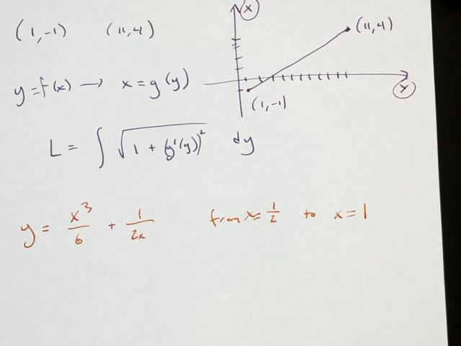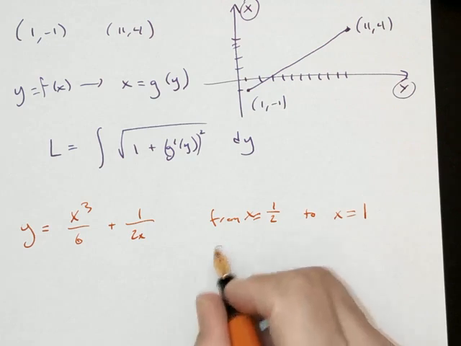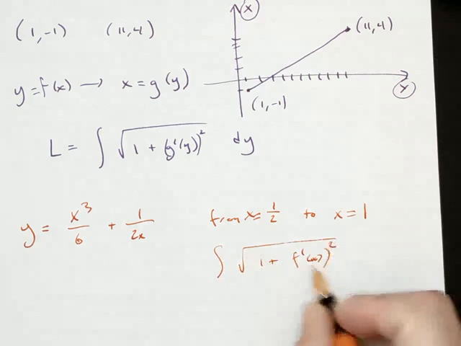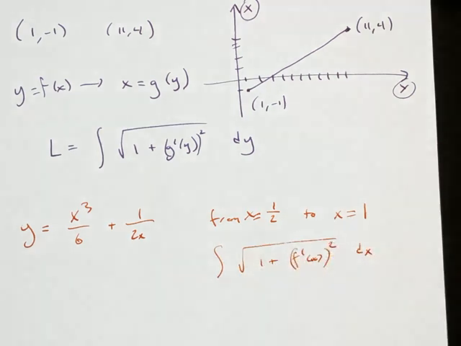It's given to me as an equation, y equals stuff in x. I'm pretty sure I'm going to want to do this one the way we just looked at with f prime of x dx, because everything is written in terms of x. My limits are in terms of x. I think this problem is going to be easier to do in x.